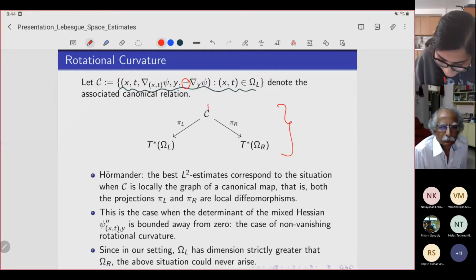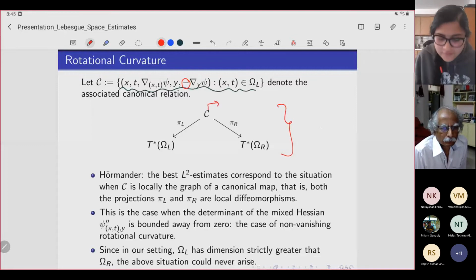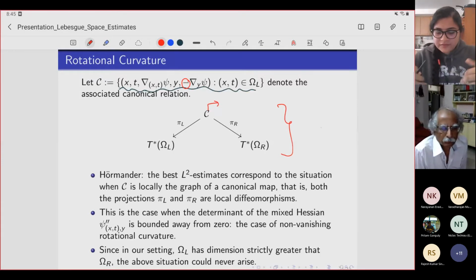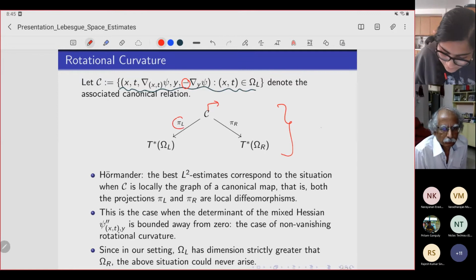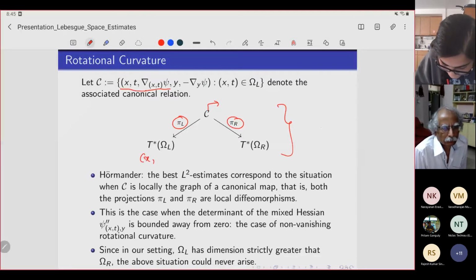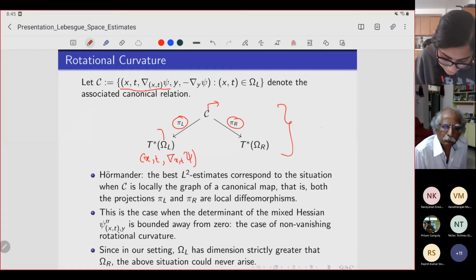So if you look at the associated canonical relation, given by the points and the gradient of the phase function, then you can define the two projections: pi L, the left projection, and pi R, the right projection. pi L projects to x comma t comma the gradient in x comma t of psi, which lies in the cotangent bundle of the set omega L, where x comma t lives.